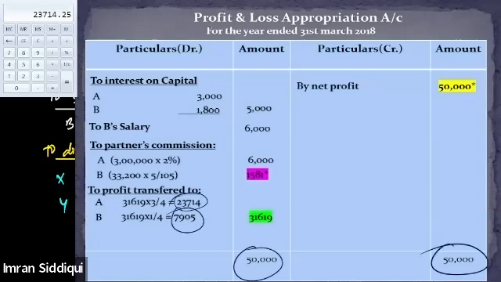Yes, sir. Okay, so let's do it. I'm waiting for you to finish. Just tell me the closing capital balance of the partners as per the partner capital account. Right, Aman? Yes, sir. I'm waiting for you to finish. Just tell me whenever you are done.